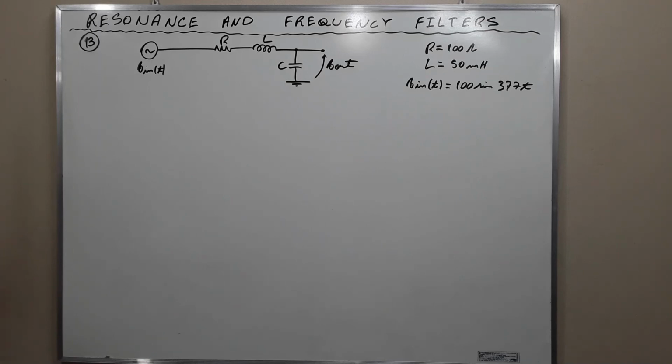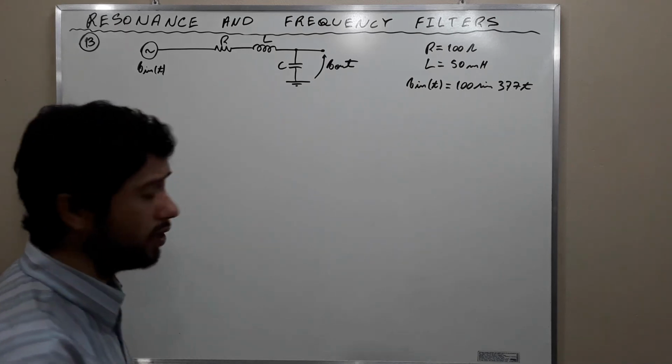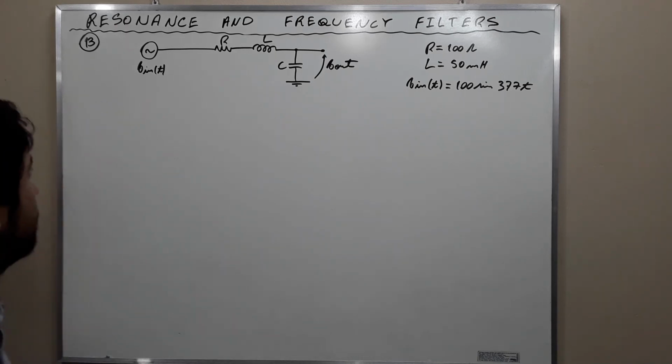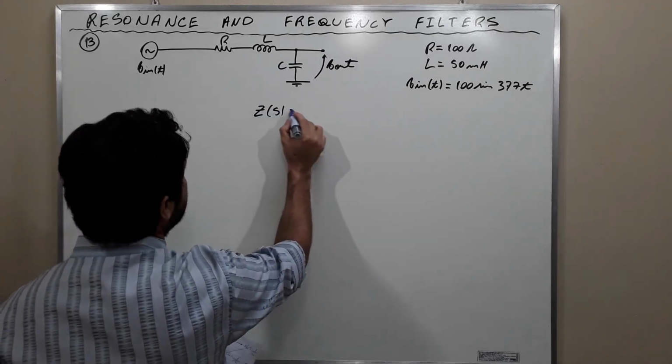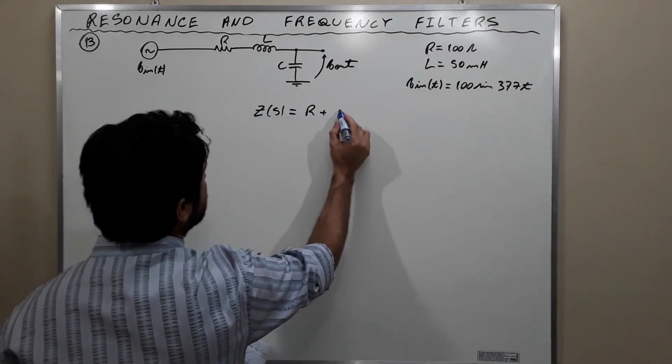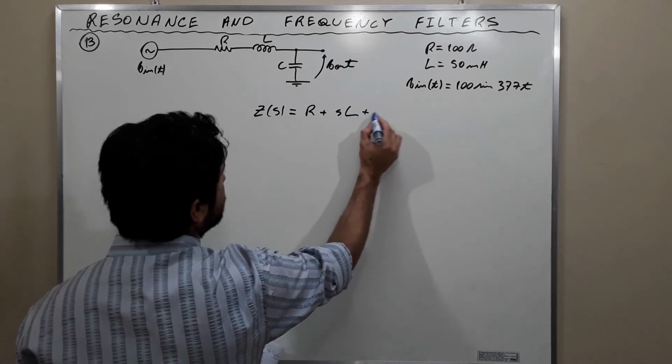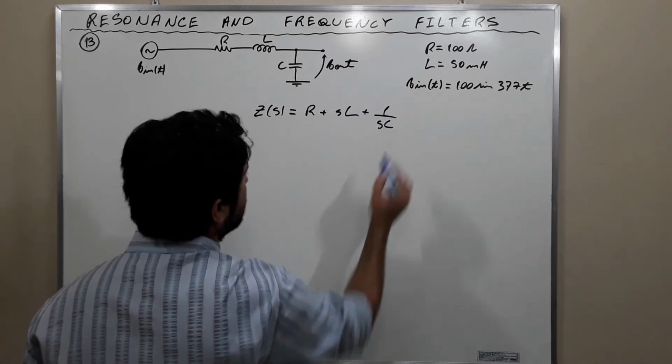Let's go to the solution. The circuit has unit power factor only when it is purely resistive. That is, as we saw in exercise 12, Z of S is equal to R plus SL plus 1 over SC.